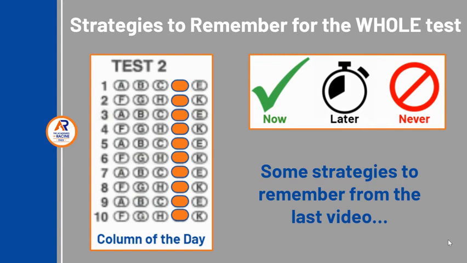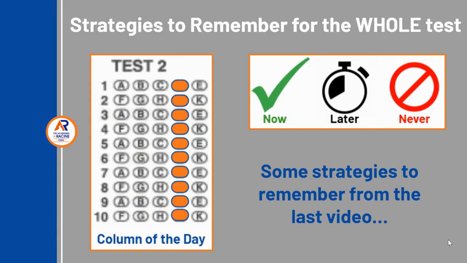And then there are the ones that are a little bit more challenging, and those are your later questions. Save those for when you know how much time you have left. But then the one to remember, column of the day. If you get to a never question and you have to take a guess, pick a column of the day. We're going to fill in one straight column all the way down.